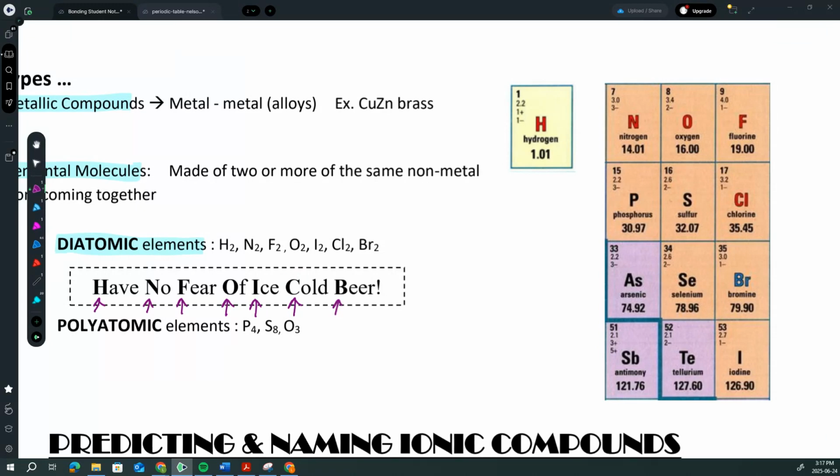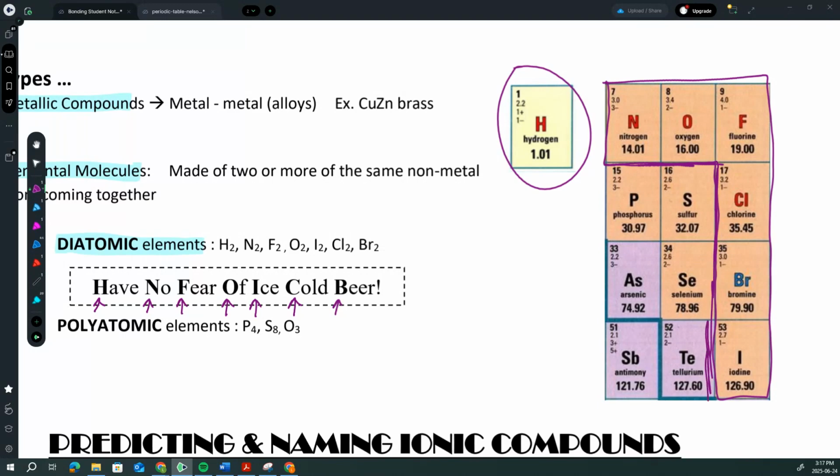But there's two other ways that you could help yourself remember what the diatomic elements are. So since there's 7 of them, what happens on the periodic table is our diatomic elements, with the exception of hydrogen, form a 7.